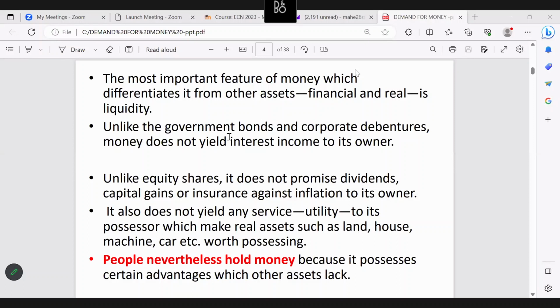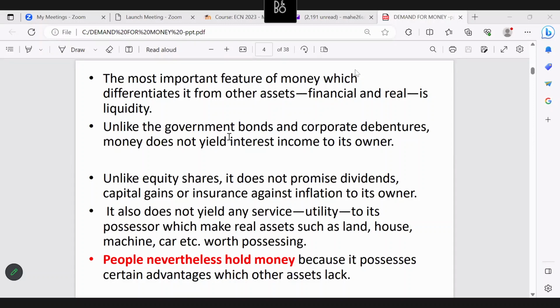Unlike government bonds and corporate debentures, money does not yield interest income to its owner. Unlike equity shares, it does not promise dividends, capital gains, or insurance against inflation to the owner. It also does not yield any service utility to its possessor, which makes real assets such as land, house, machines, car, etc. worth possessing.